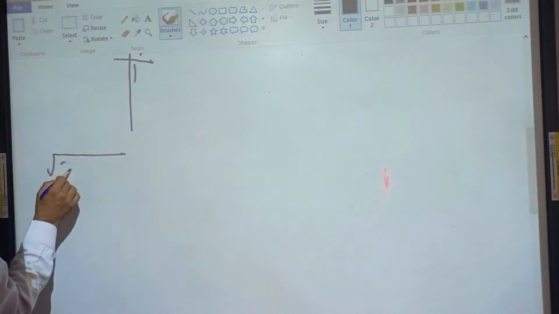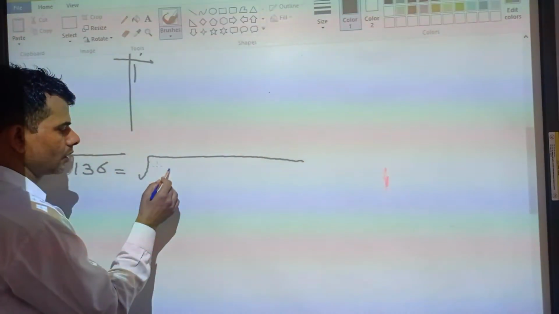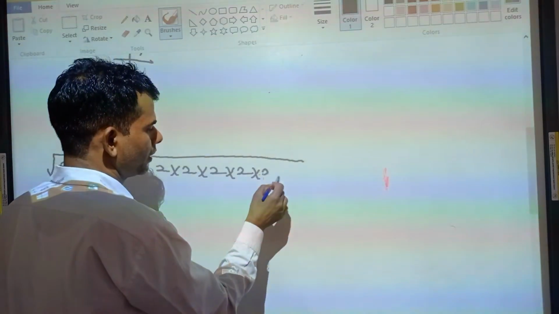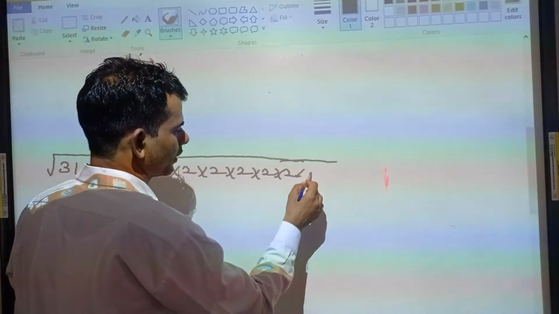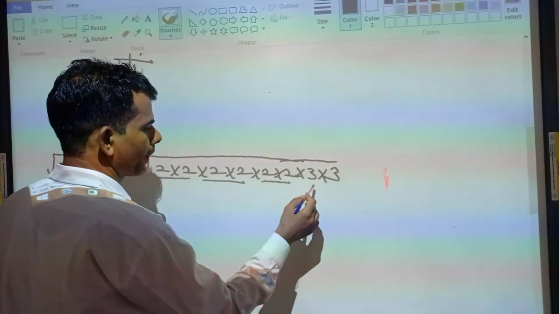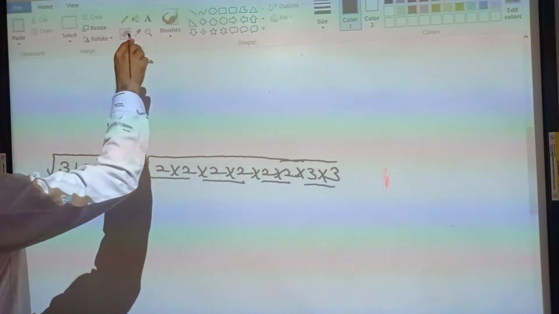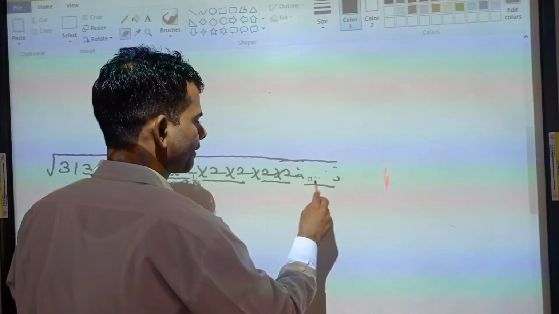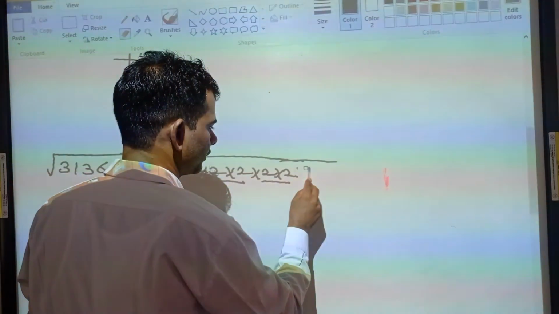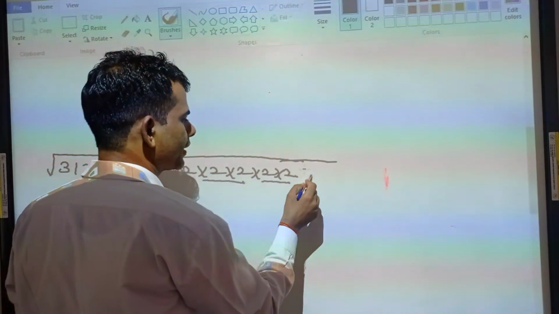square root of 3136 is 2 into 2 into 2 into 2 into 2 into 2 into 7 into 7.